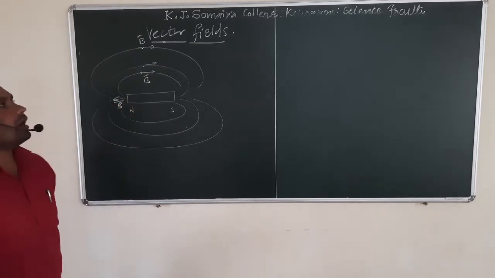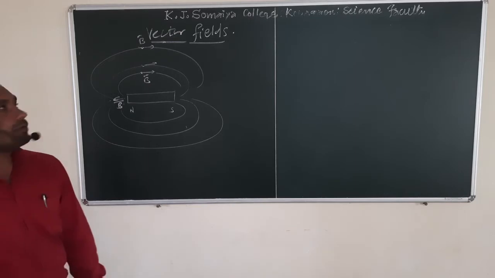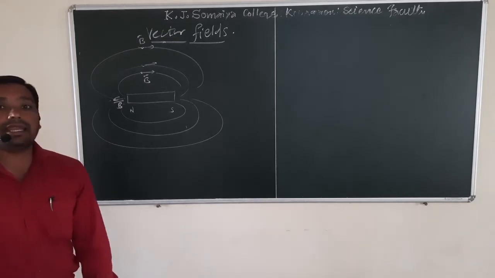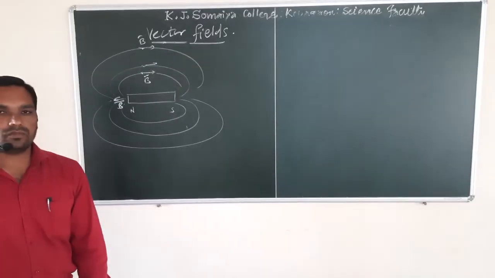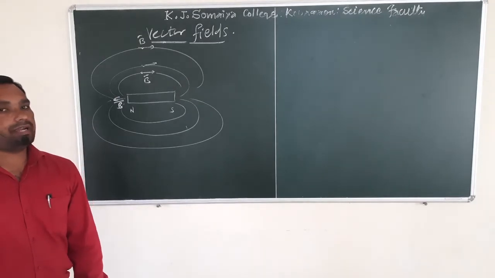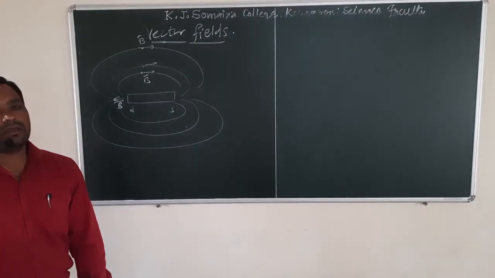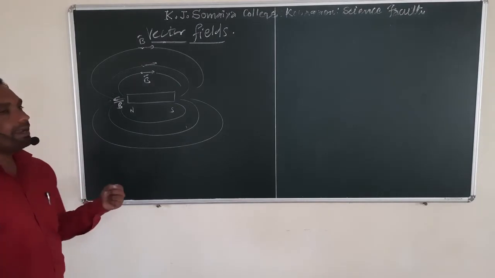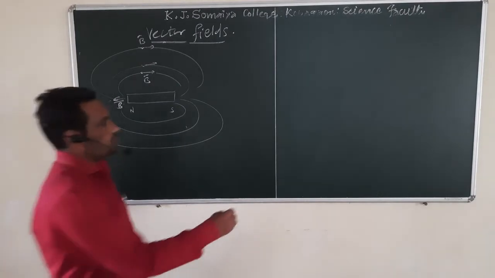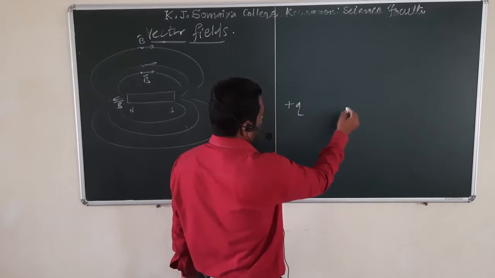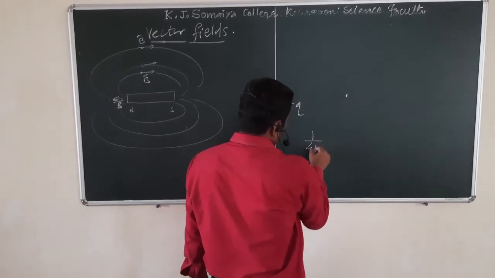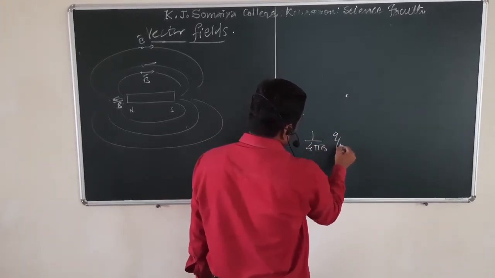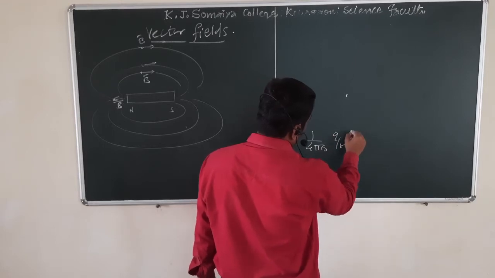Now, another example of a vector field is the electric field. Again, gravitational field too. If you write the electric field intensity of a plus q charge, the electric field is 1 upon 4 pi epsilon naught, q upon r, into r cap.